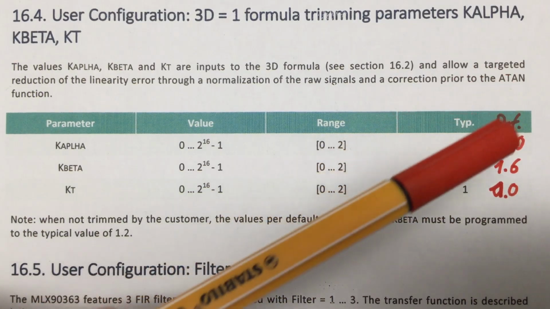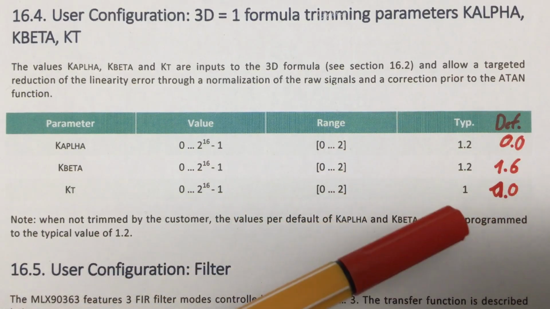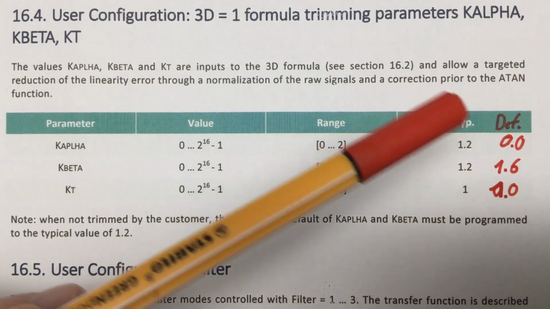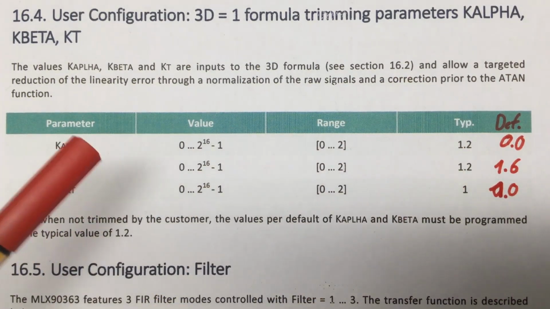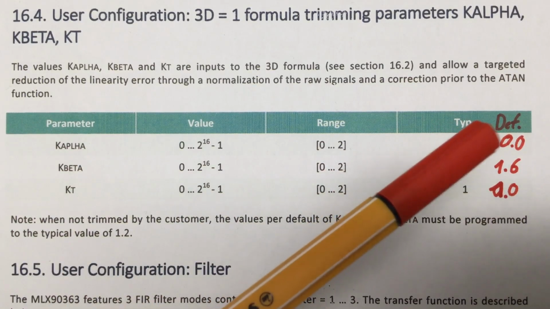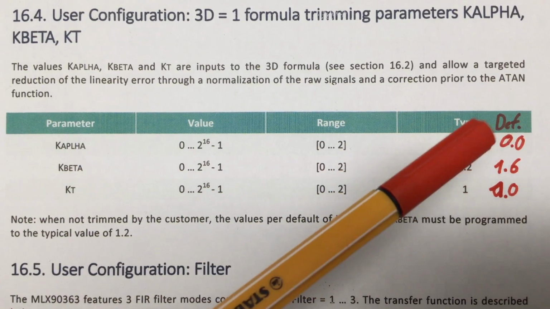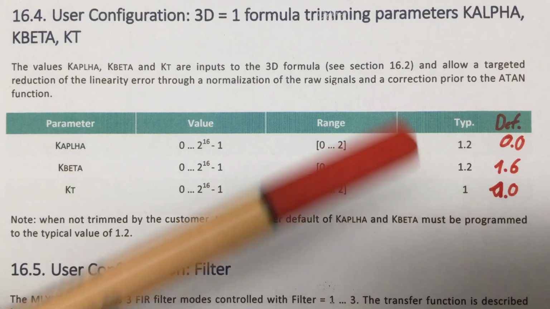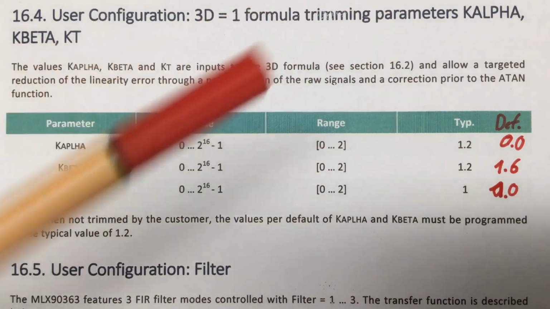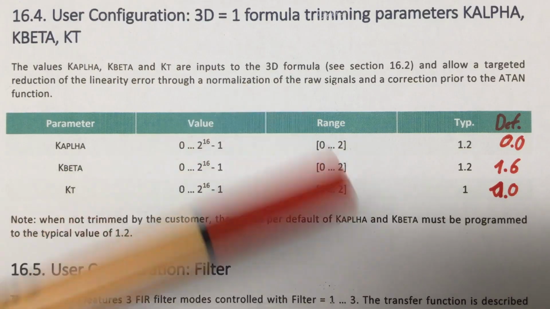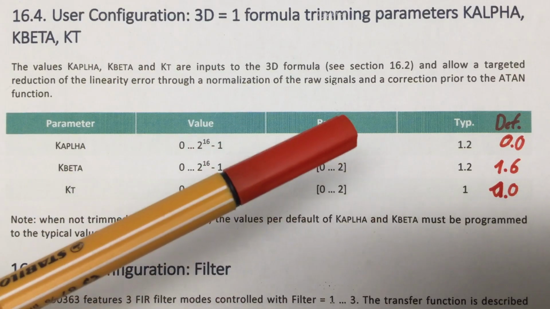However, our default values are quite different from the typical values. For KALPHA we get a default value of 0.0, which explains why the alpha angle we measured was really distorted and capped off and didn't make much sense.